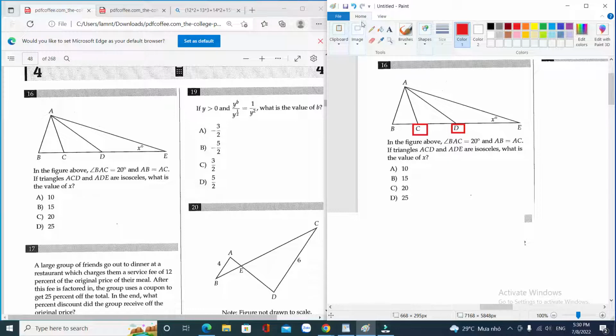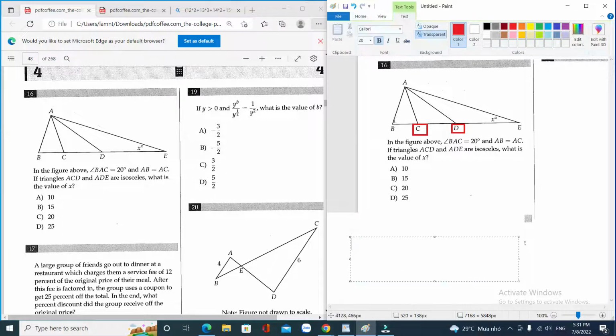Okay. So to calculate ACD, we have to calculate ACB. Because AB is equal to AC, this means that triangle ABC is isosceles.